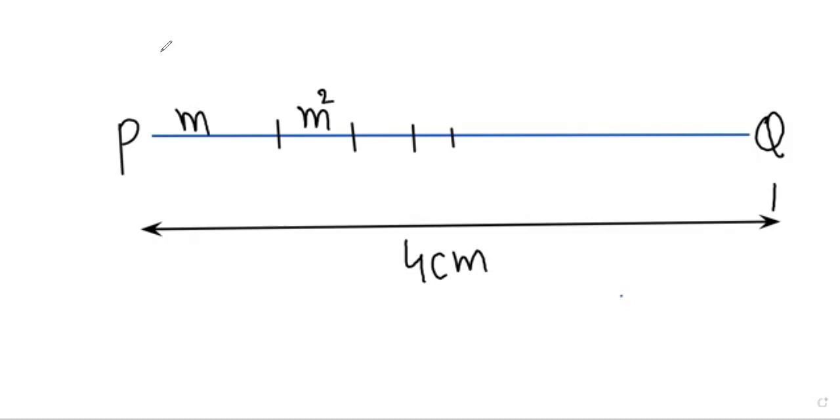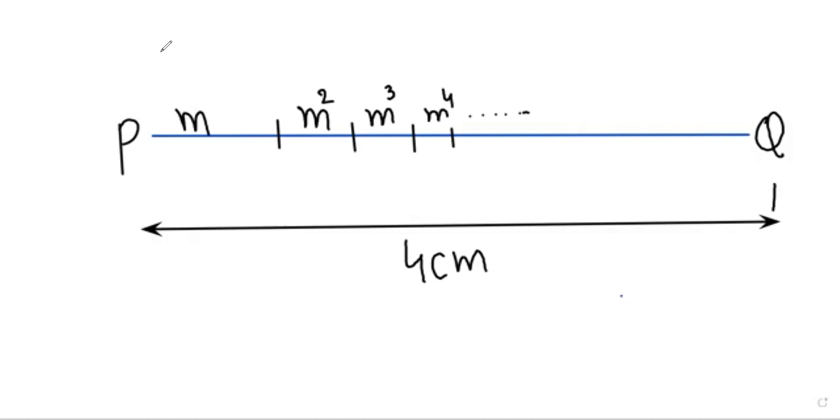This one is M squared. This is M cubed, M to the fourth, and so on. So if we consider this sequence, it's a geometric sequence.